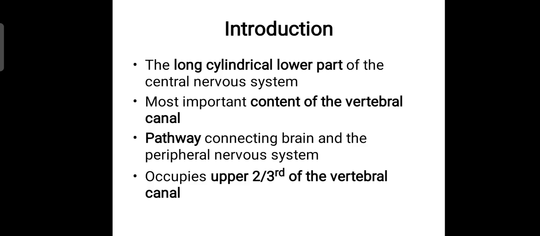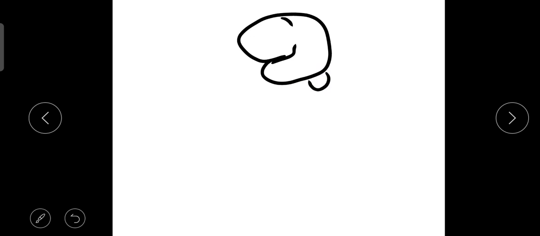So let's see what the other features are. Here I'll show you one demonstration where we'll draw the brain. I'm just drawing the brain here. We have the lateral sulcus, central sulcus and all, and we have the cerebellum here.